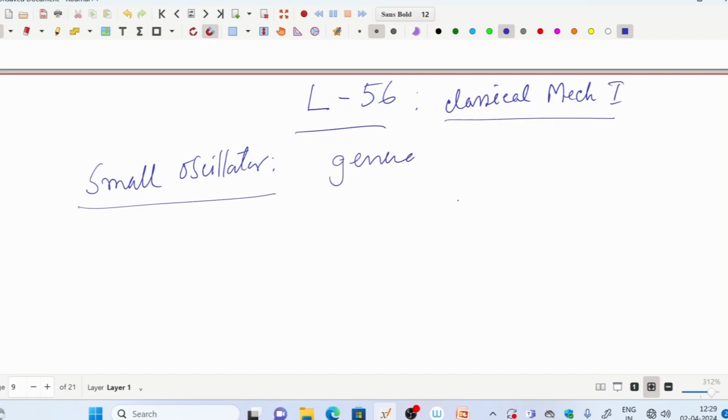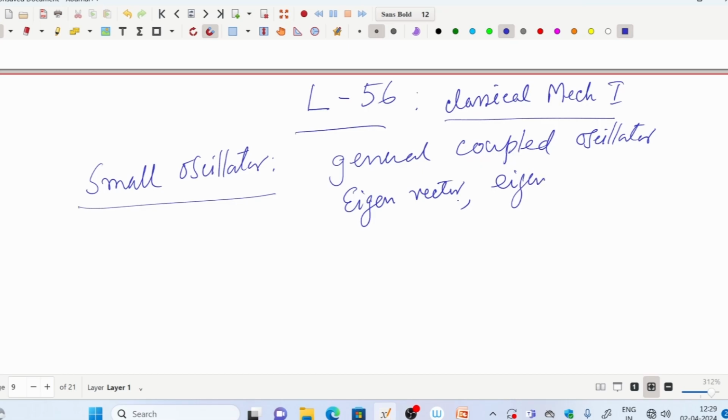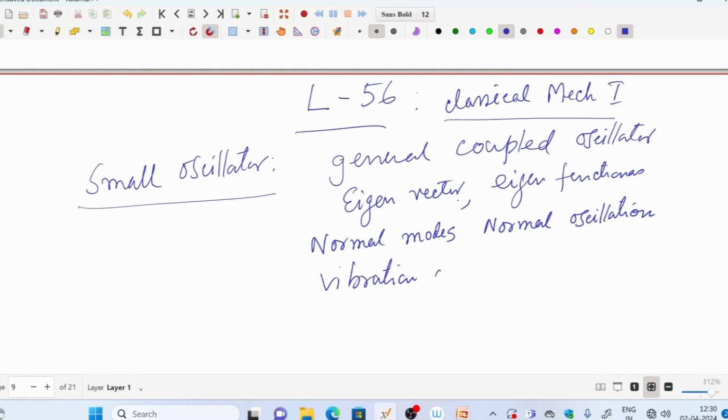Let me list down: the general coupled oscillator, then eigenvectors, eigenfunctions, normal modes, normal oscillation, and vibration, as an application, vibration of a linear carbon dioxide molecule.